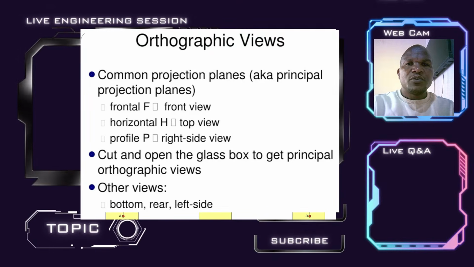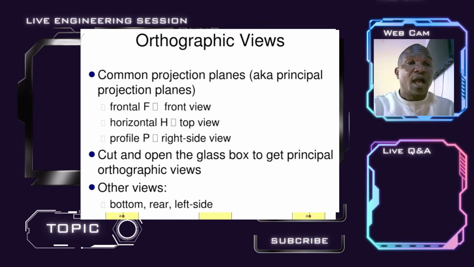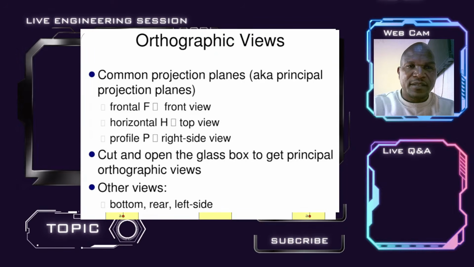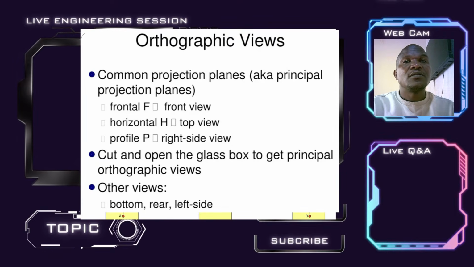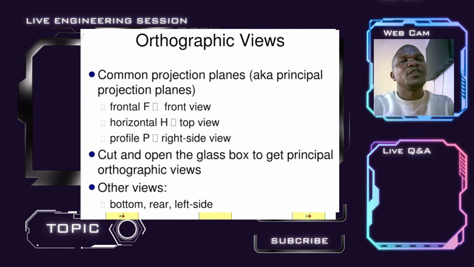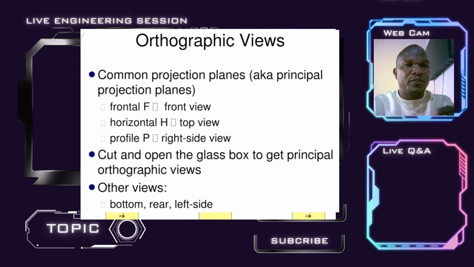here are some of the main questions that we ask ourselves. What are the planes? What are the terminologies that are usually used? Now, the planes, which are sometimes known as the principal projection planes, are what we just mentioned about the front view.